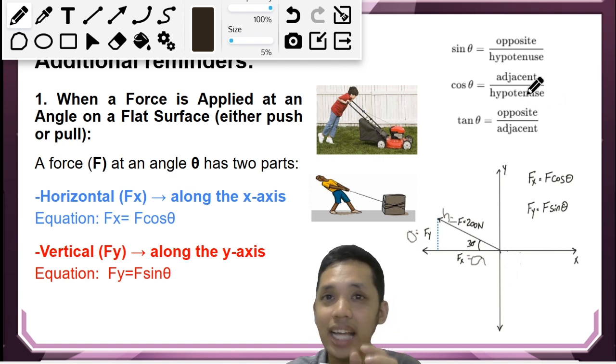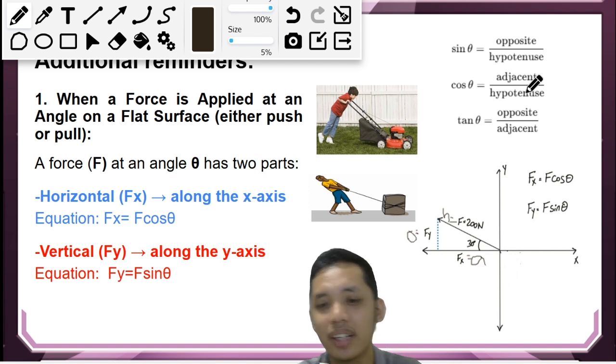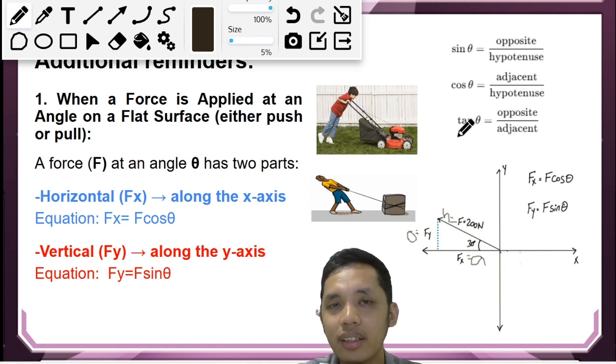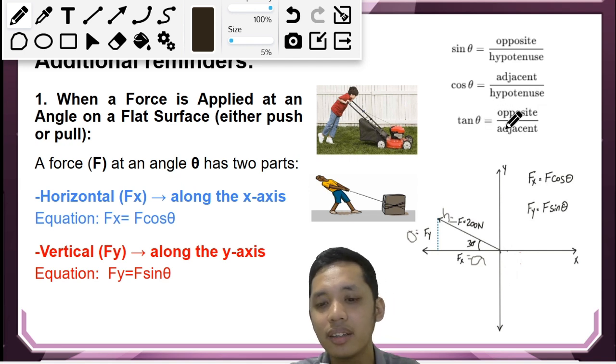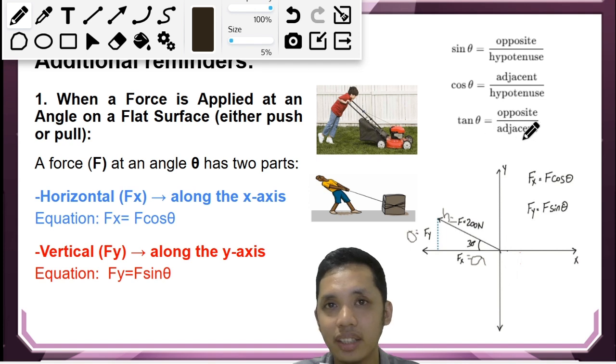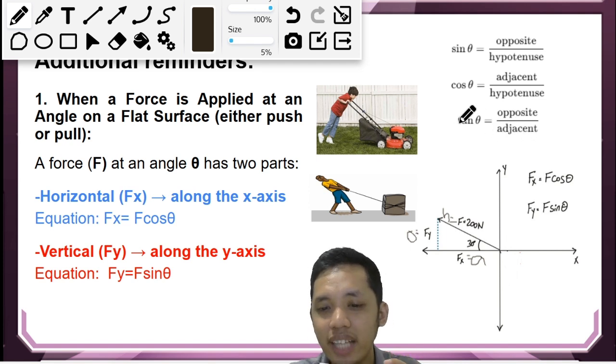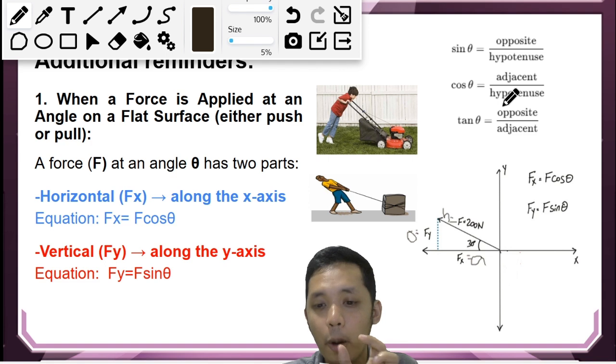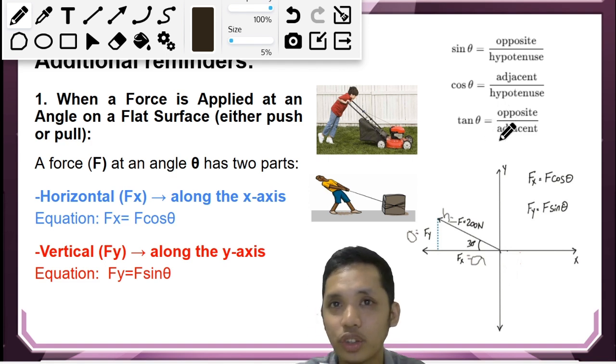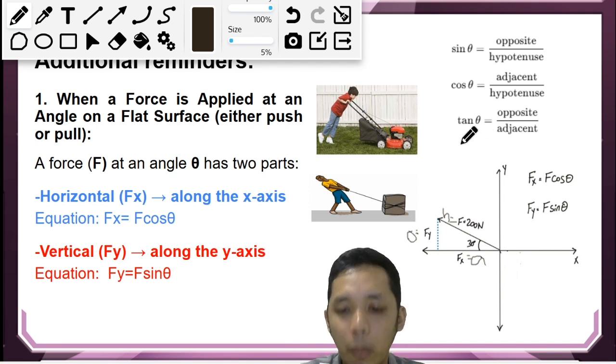C-A-H. Okay? Then, TOA, tangent theta is equal to opposite divided by adjacent. TOA, tangent, O, opposite divided by adjacent. TOA.